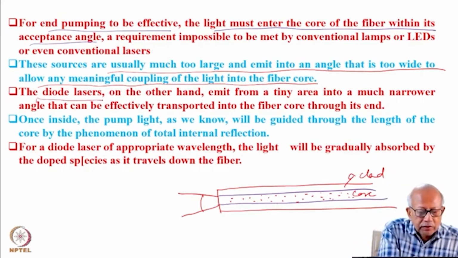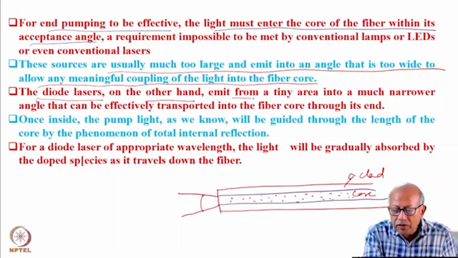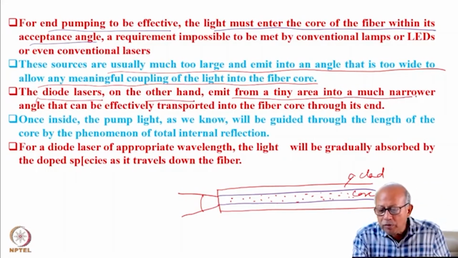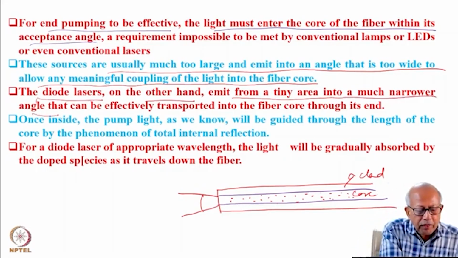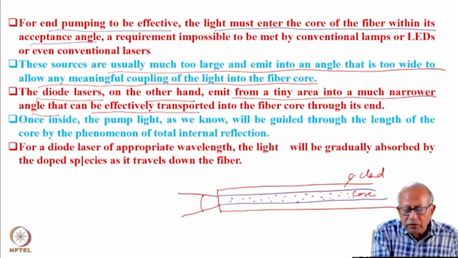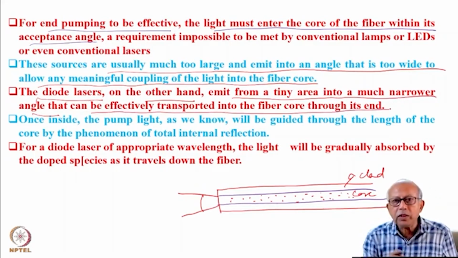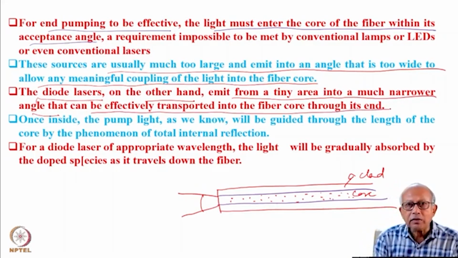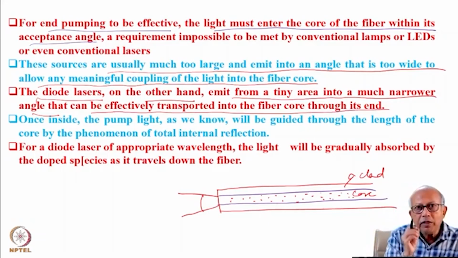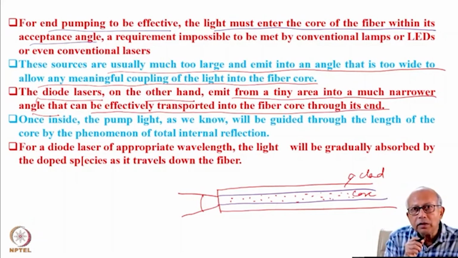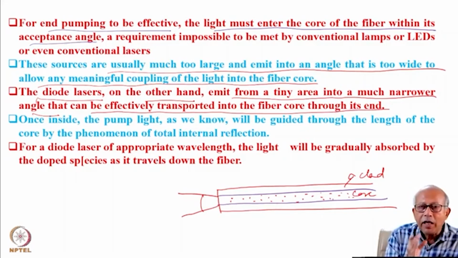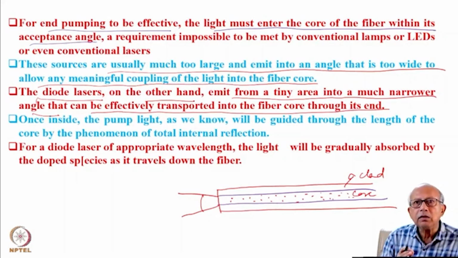The diode lasers, on the other hand, emit from a tiny area into a much narrower angle that can be effectively transported into the fiber core through its end. The semiconductor diode laser is also very tiny, and it really fits well as far as end pumping of the fiber is concerned.